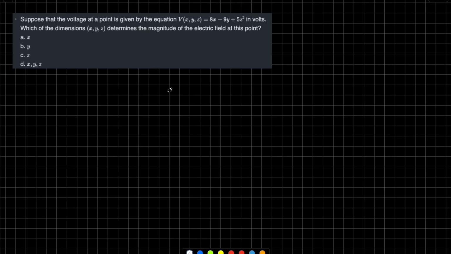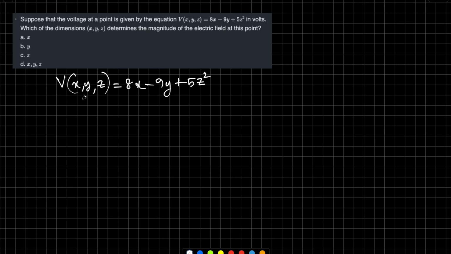Another question, suppose that the voltage at a point is given by the equation V of xyz equals 8x minus 9y plus 5z square in volts. Which of the dimensions xyz determines the magnitude of the electric field at this point? We have potential as a function of xyz. V of xyz equals 8x minus 9y plus 5z square.